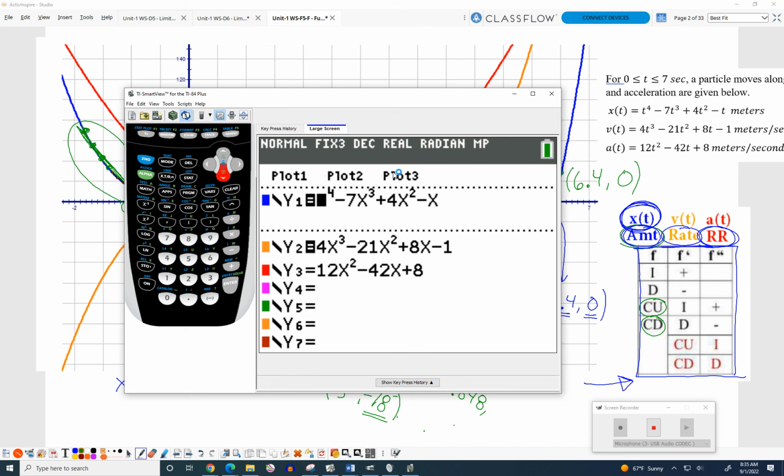V is velocity, A is acceleration. In between these parentheses, on the second one, when I put in the one, it gave me a different answer. So I don't really know what the parentheses do. Let me come look.